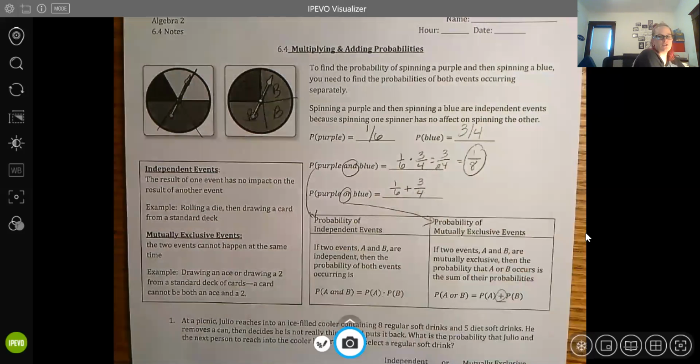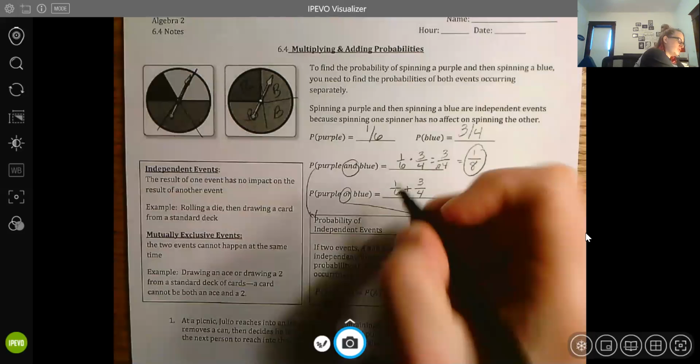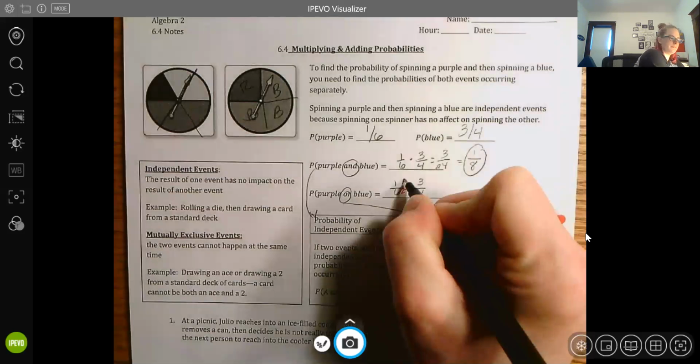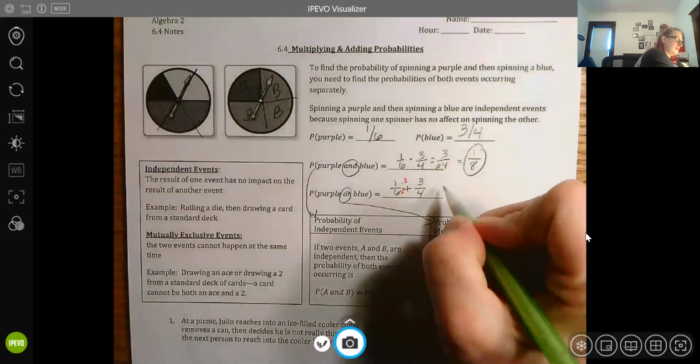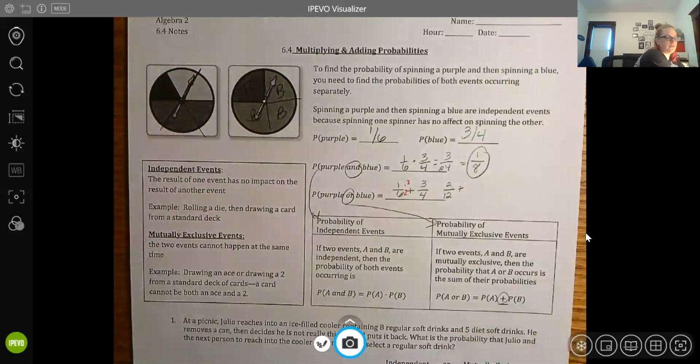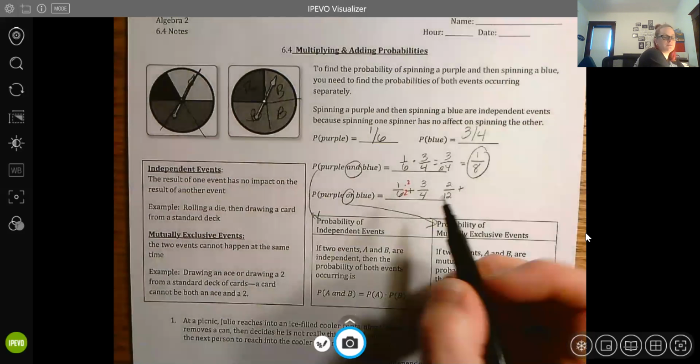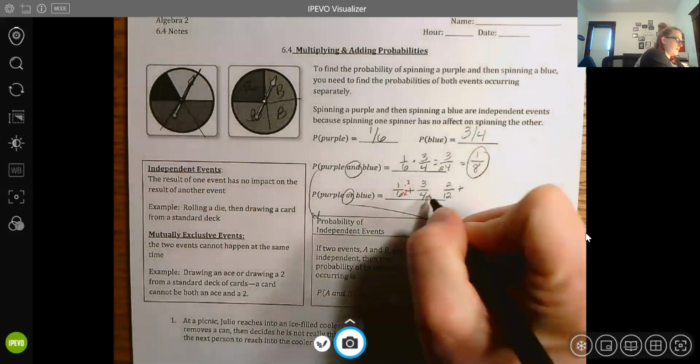Now to add fractions, remember we have to have common denominators. So 6 and 4, a good common denominator is going to be 12. So I'm going to multiply my first fraction, the top and the bottom, by 2. And I get 2/12 plus. Now in my second fraction, I have a bottom of 4, so I'm going to times it by 3.